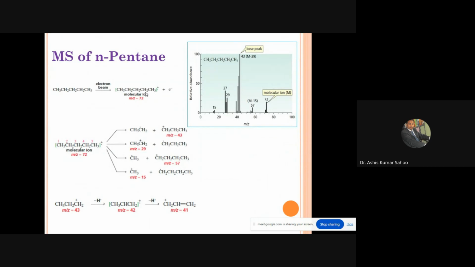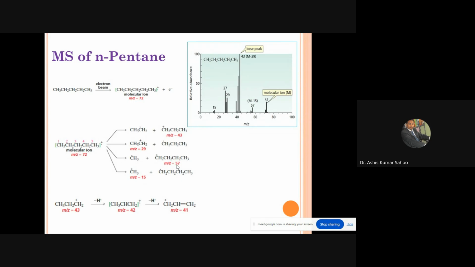So you get a molecular ion at 72, the total molecular mass of the compound. Then this 72 can be fragmented in different ways. Here one fragment, here one, here one. The mass by charge is 43, so we get a peak at 43. We have a mass by charge of 29, so we get 29 here.